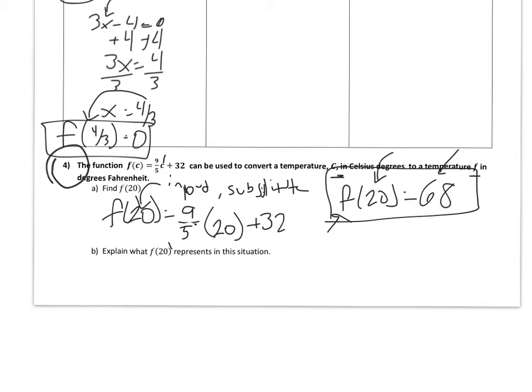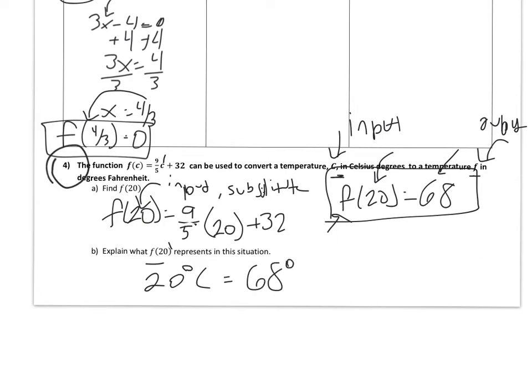Okay, so my input is Celsius, and my output is Fahrenheit. So when it says explain what f of 20 represents, 20 degrees Celsius, because that was the input, is equal to 68 degrees Fahrenheit, because that was the output. If you want to put it in a sentence, you absolutely can.